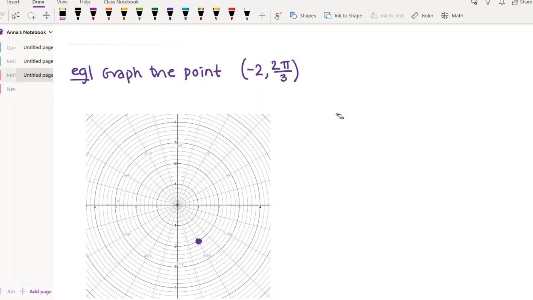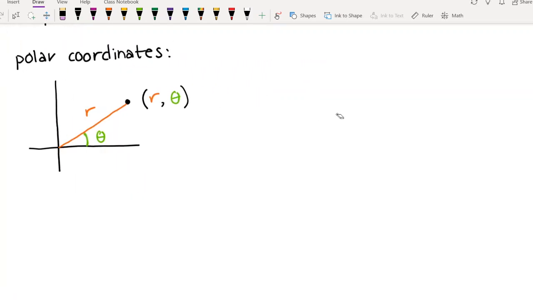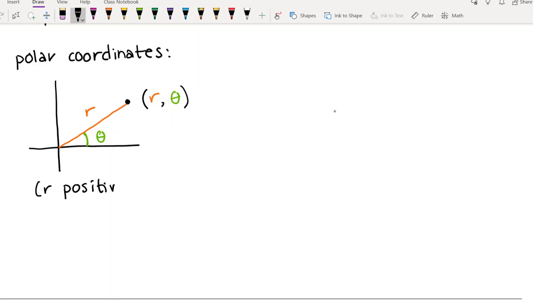So I just want to add that to our initial definition of polar coordinates. So this would be the case where r is positive. And I just want to sketch a picture of what it would look like if r was negative. So if instead you had a negative r value, and let's say it was the same angle, it would end up looking something like this.